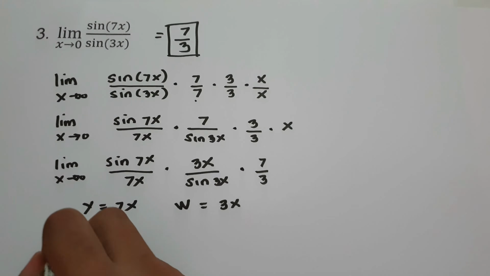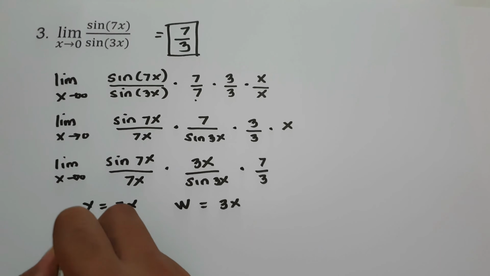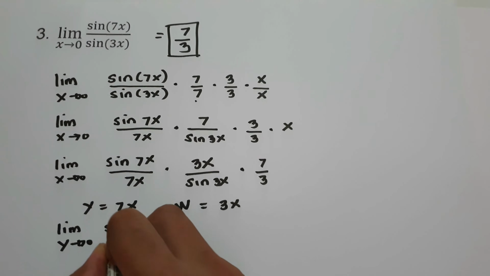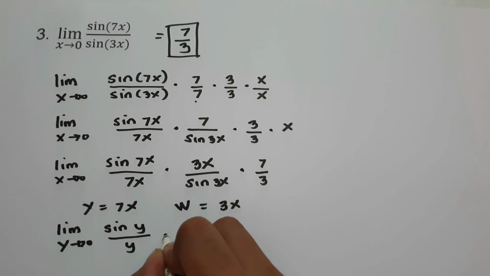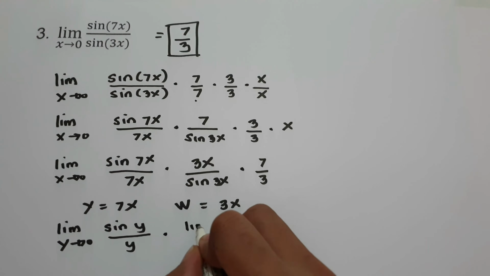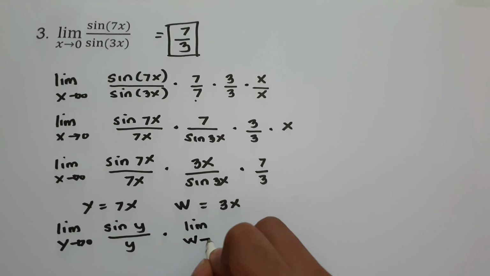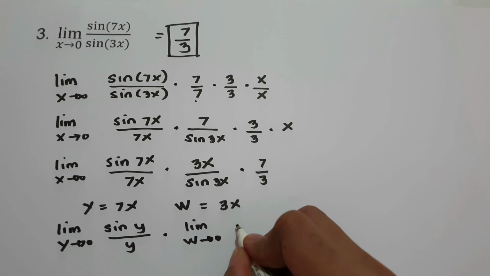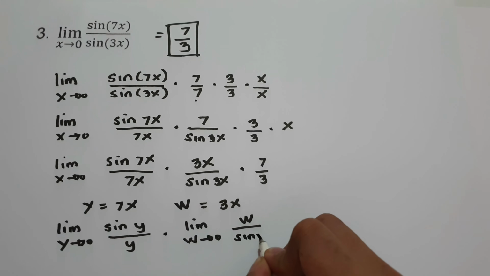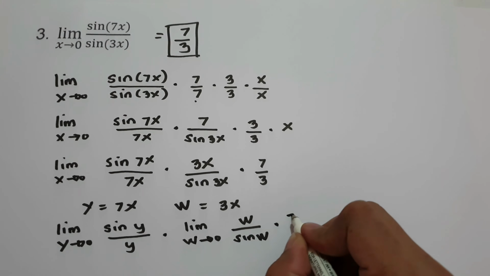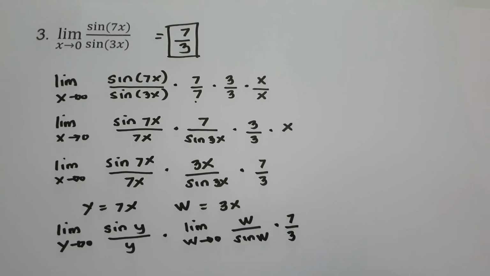So let's have the limit as y approaches 0 of sine y over y, times the limit as w approaches 0 of w over sine w, times 7 over 3.